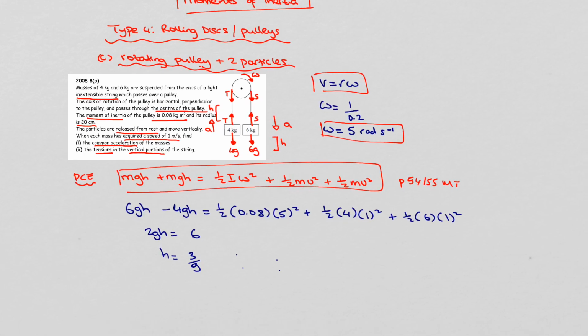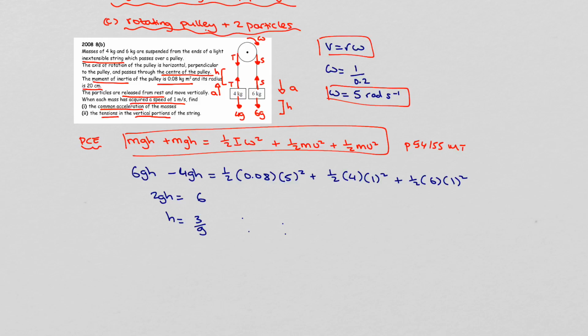And therefore if I want to find the acceleration, well, v squared equals u squared plus 2as. And we know that it starts from rest. It acquires a speed of 1. And it's moving a distance, we've just worked out, of 3 over g.